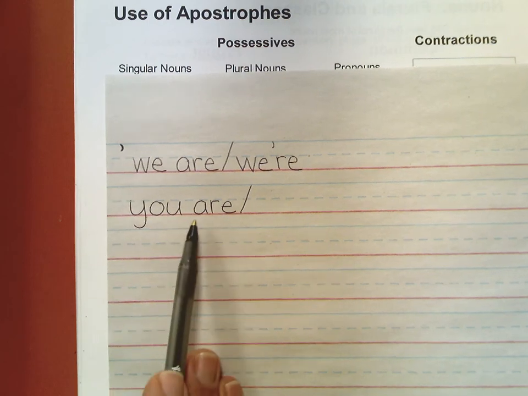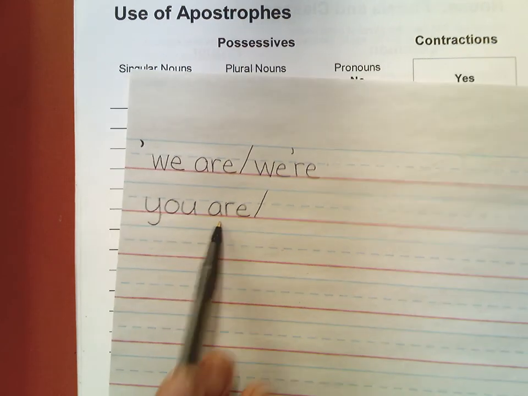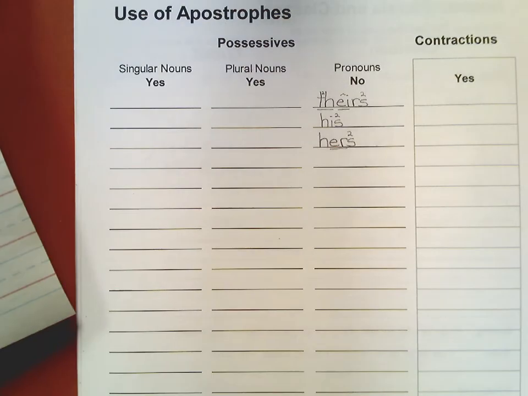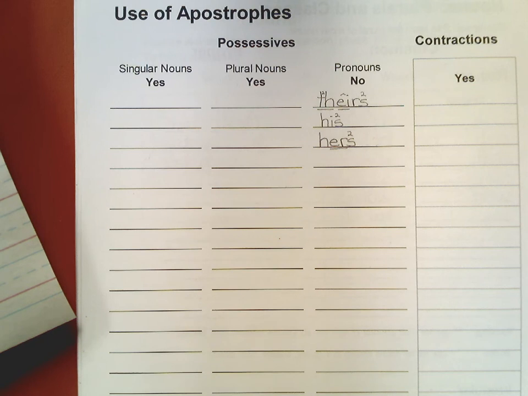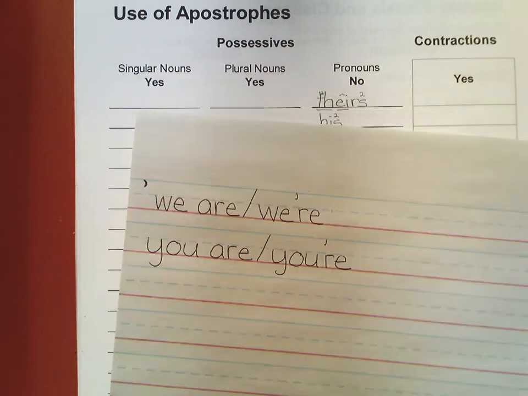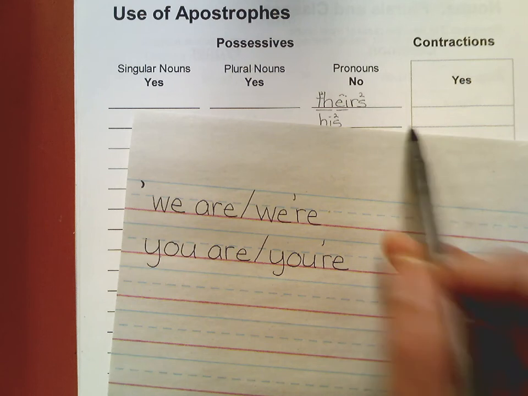Good, it's this one again, or A. So go ahead and write the contraction, you're. And then go ahead and write it on your contractions line.